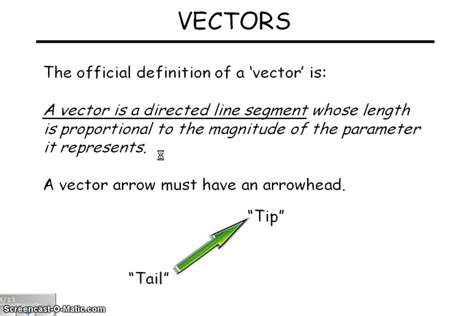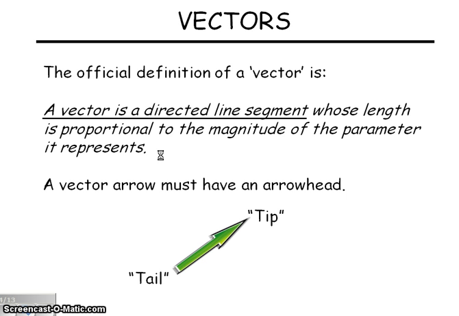The official, well, at least my definition of a vector, I don't know how official it is, is a directed line segment, the length of which is proportional, as we just saw, to the quantity, the magnitude or the value of the parameter. For instance, 450 miles per hour: 4.5 inches would be the length that's proportional to the 450 miles an hour.